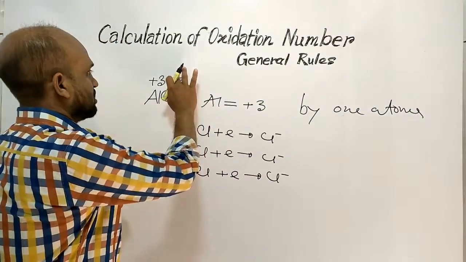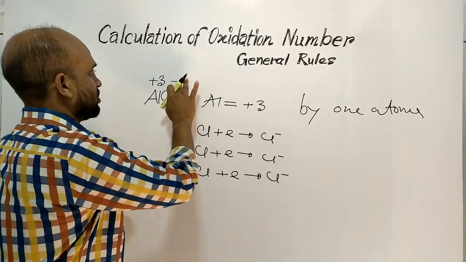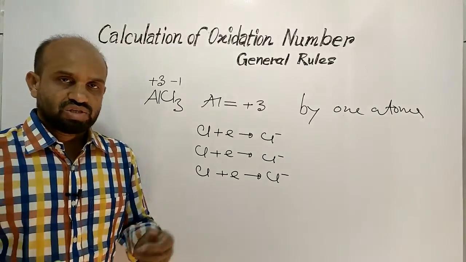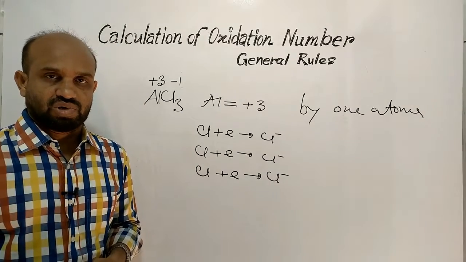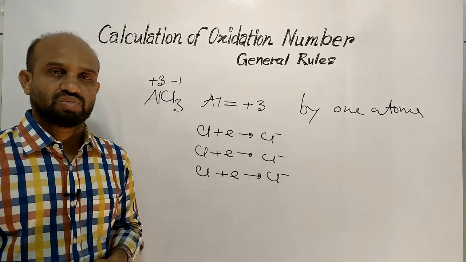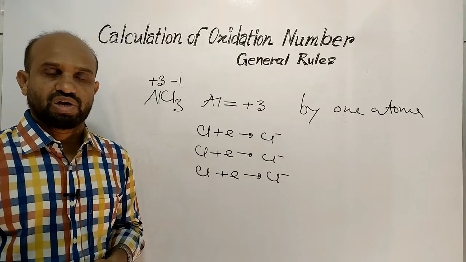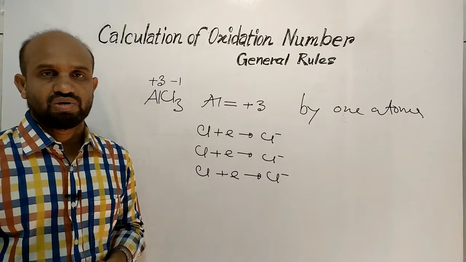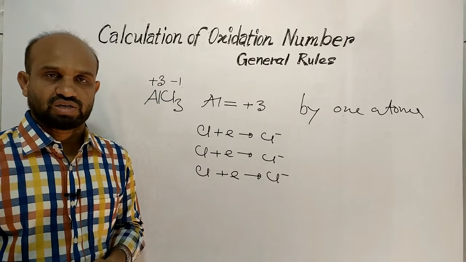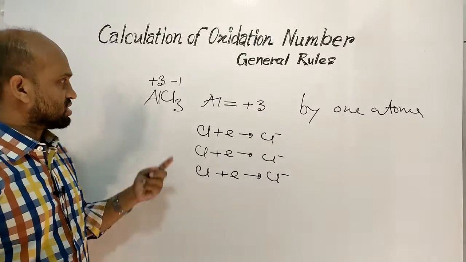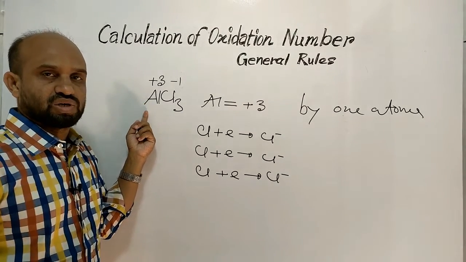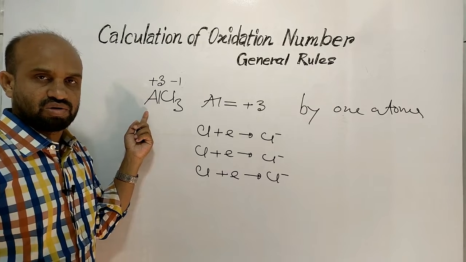That is why here the oxidation number of chlorine is -1. So the number of electrons donated or accepted by one atom of any element in a molecule is called the oxidation number of that element, and oxidation number is written at the top of the element in the molecule.